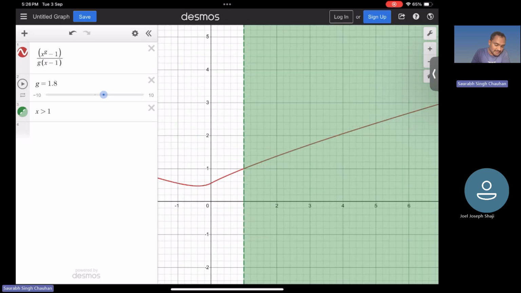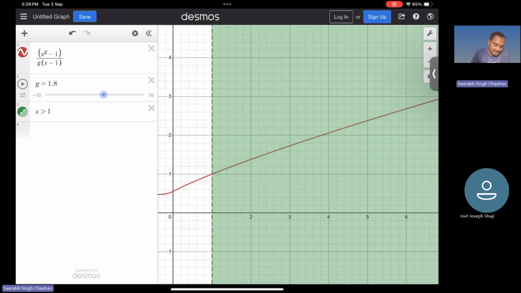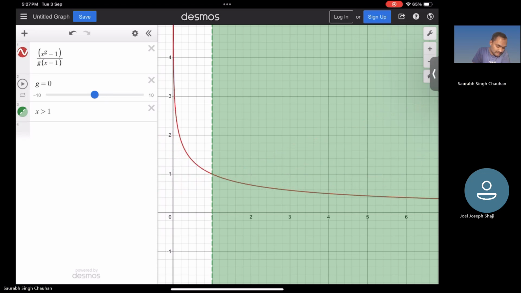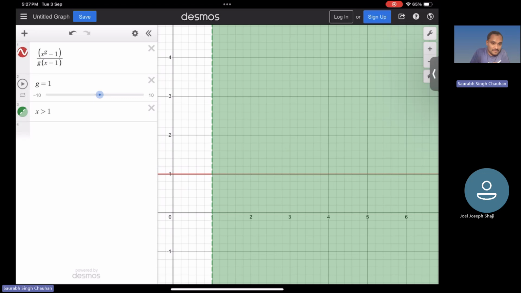In the green shaded region, you can see that this quantity, the first expression, is always greater than 1. When we make G equal to 1, then it is 1.